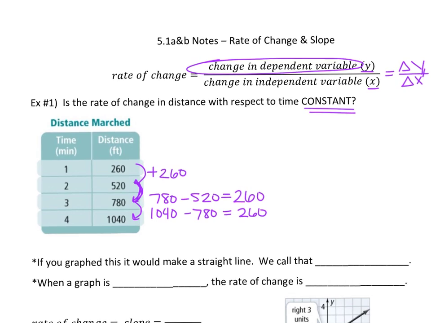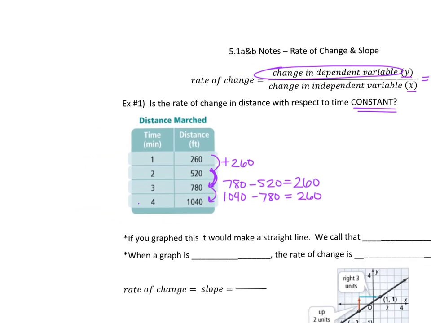Okay? Now look at your times. From here to here, and here to here, and here to here, what did we change by each time? Plus 1, plus 1, plus 1. That means if we're talking about the change in y divided by the change in x, it would be 260 over 1.